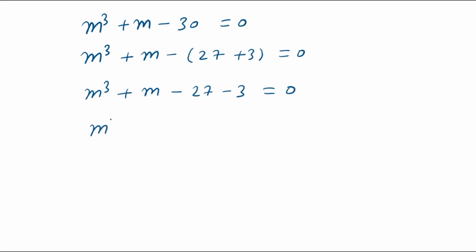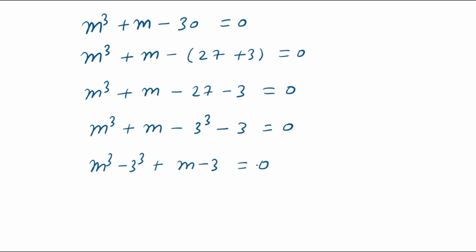Then here m^3 - 27 is m^3 - 3^3, and m - 3, equals 0.